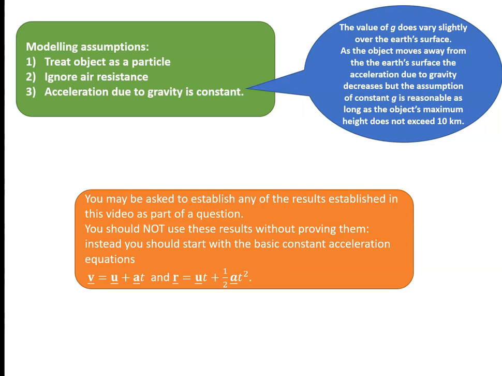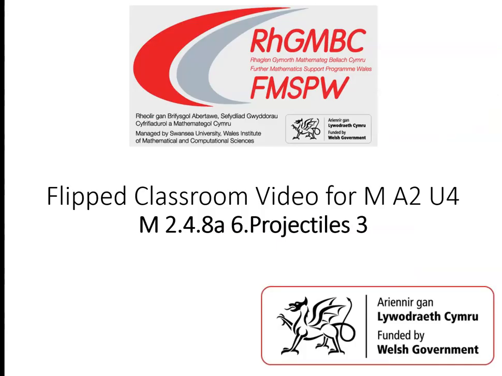Instead, you should start with the basic constant acceleration equations that we've been doing all of the time, namely v equals u plus at and r equals ut plus a half at squared. So that concludes our series of 3 videos in which we look at the motion of a projectile.